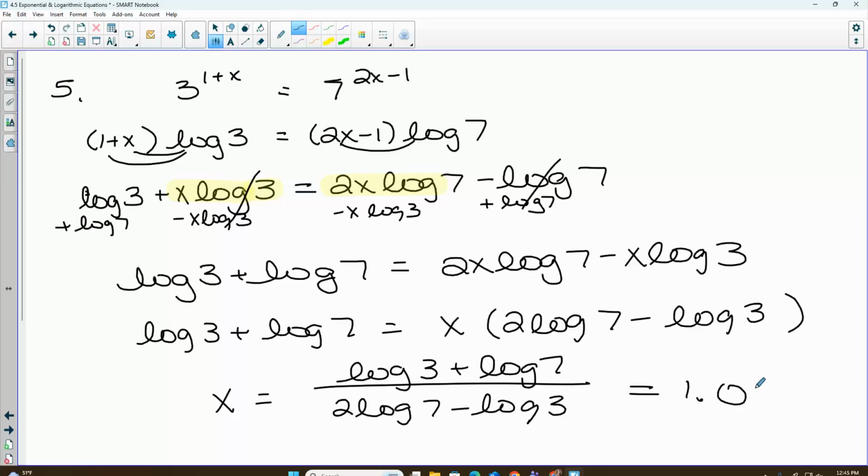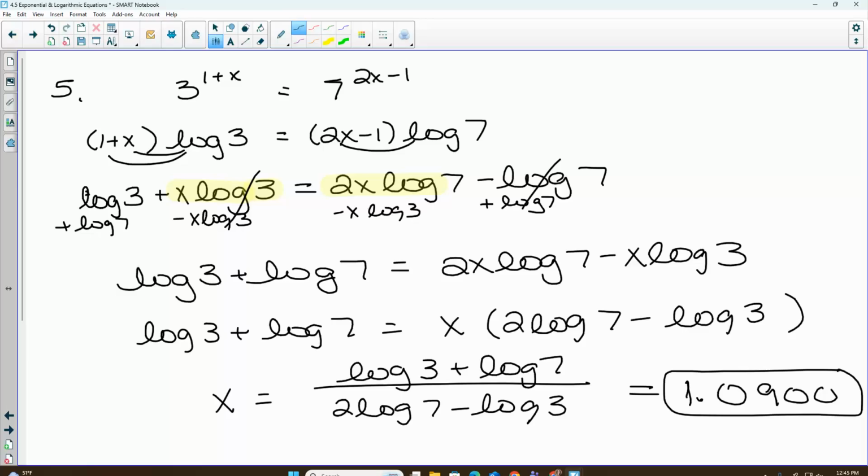I got 1.08997, so that would round up to 1.09. Questions on that one?